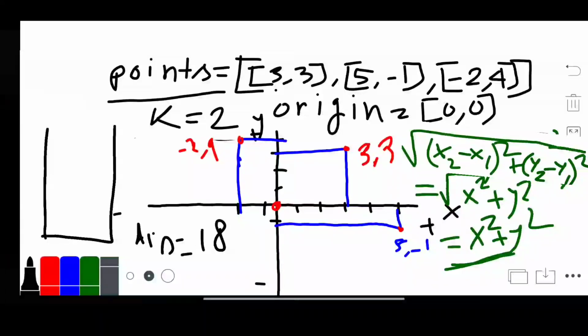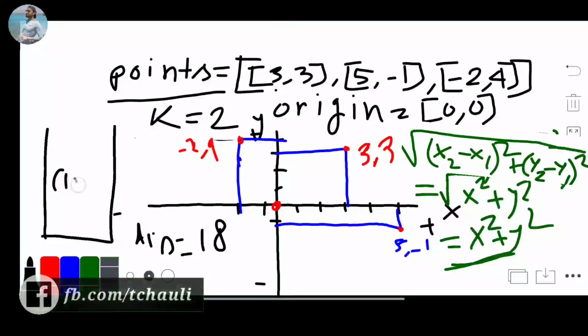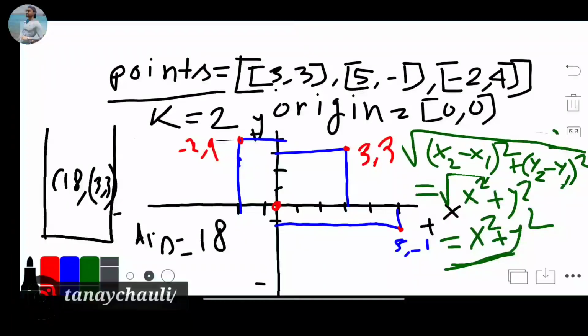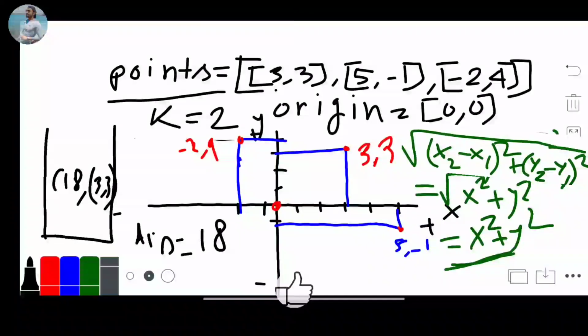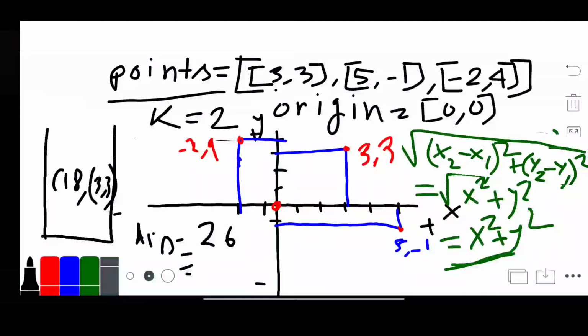So in the heap we store 18 and (3, 3). Now our next point is (5, -1), and our distance is 26. We store 26 and the pair (5, -1). Now we push this distance and point into our heap.